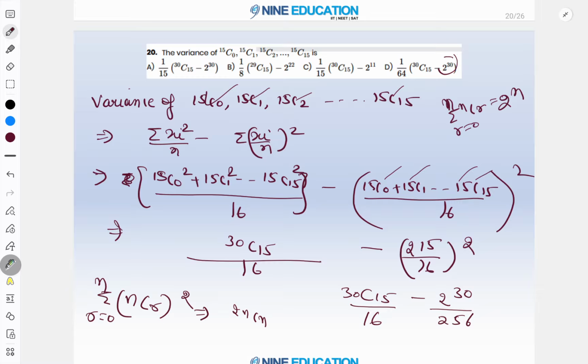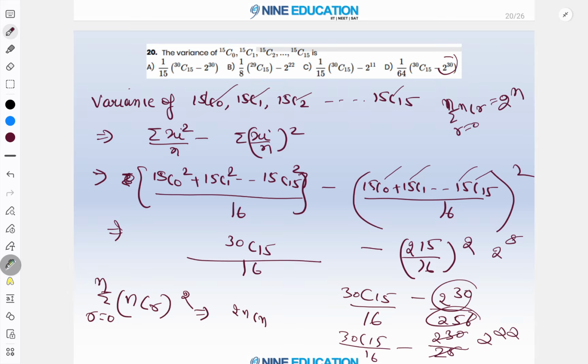So the most convenient option, obviously all the options are not correct, but okay, let's write it. 30C15 by 16 minus 2 power 30, and this 256 can be written as 2 power 8, so this is 2 power 22.